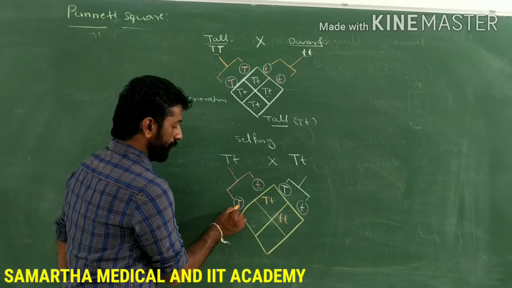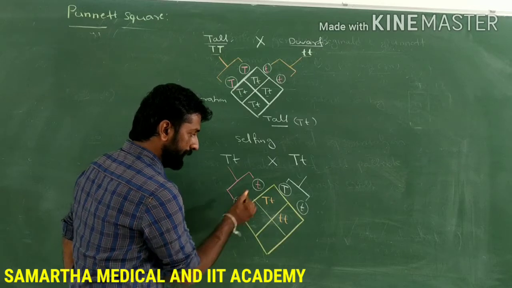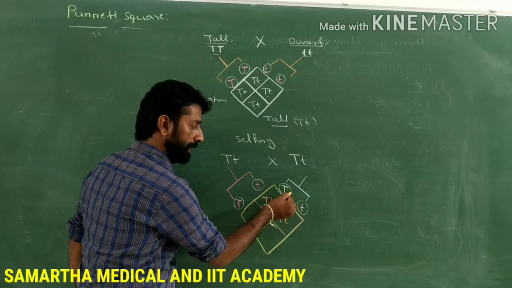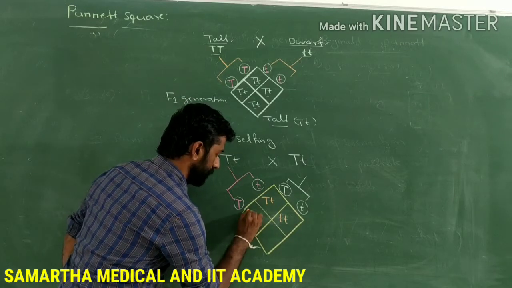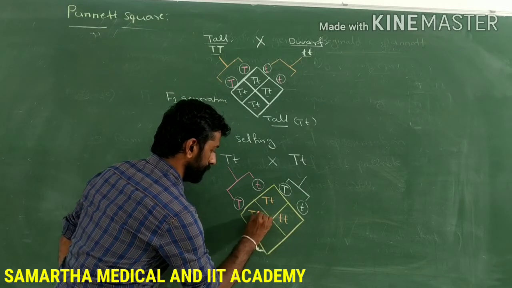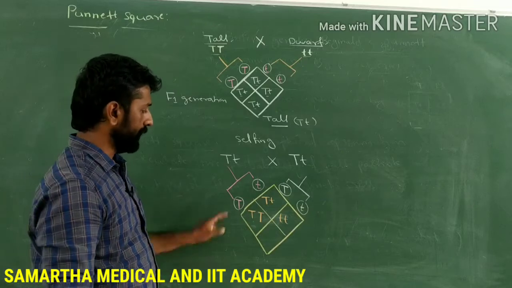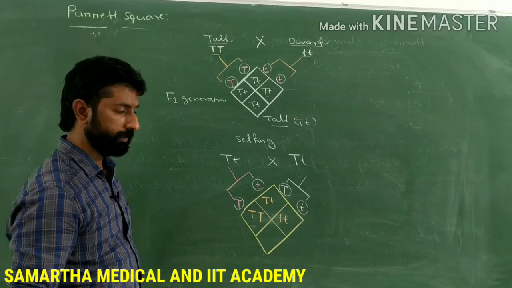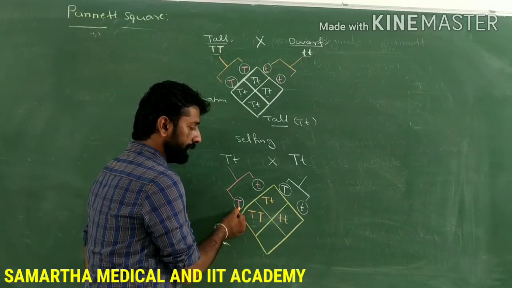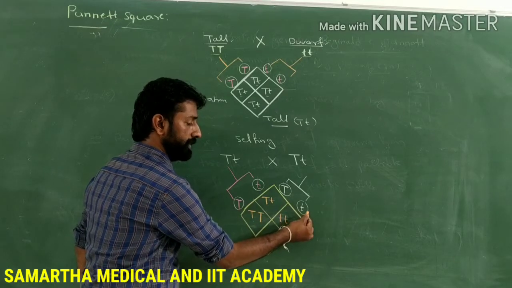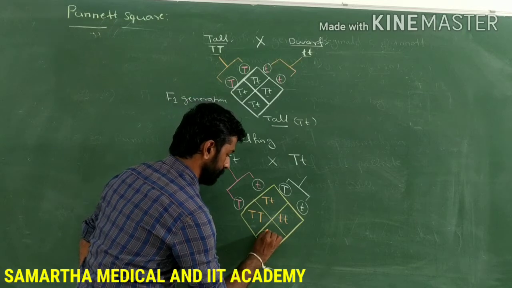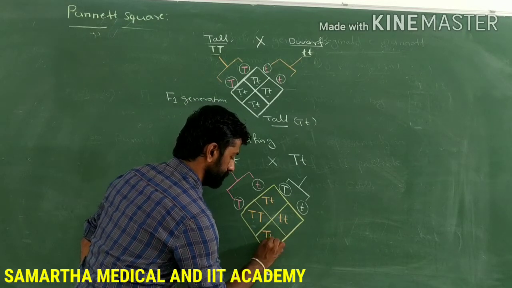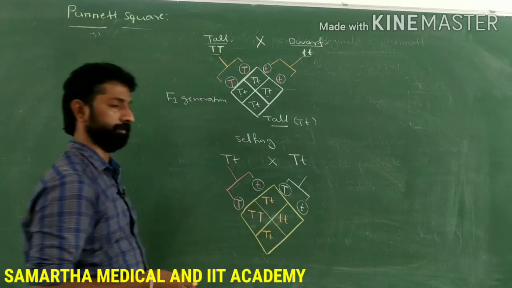Similarly, the dominant allele containing egg may get fertilized with the dominant allele containing pollen, then their combination will be capital T and capital T. Then what is the other 50% possibility? The dominant allele containing egg may get fertilized with the recessive allele containing pollen, so their combination is capital T and then small t.